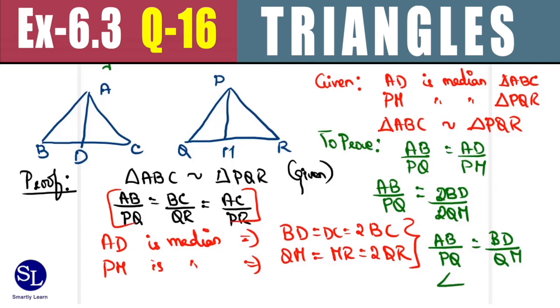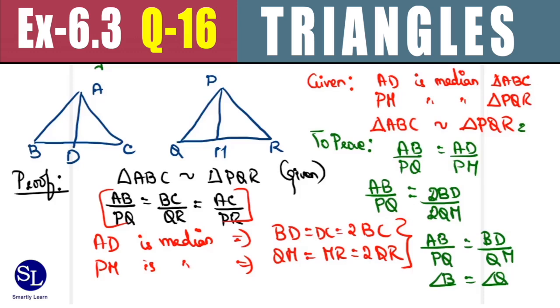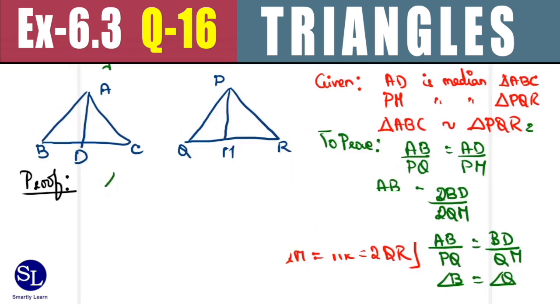And we also know that angle B will be equal to angle Q because already the triangles are given to be similar. So from these two statements, what we can conclude is that triangle ABD is similar to triangle PQM. Okay, so you can earmark the corresponding data if you want with equation numbers. So this can be 1 and 2.